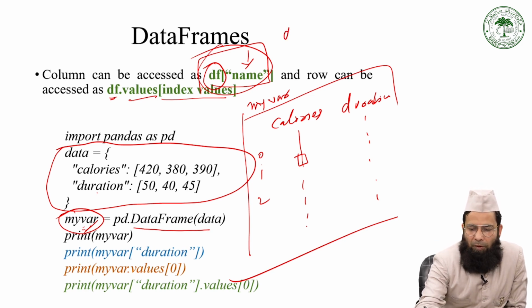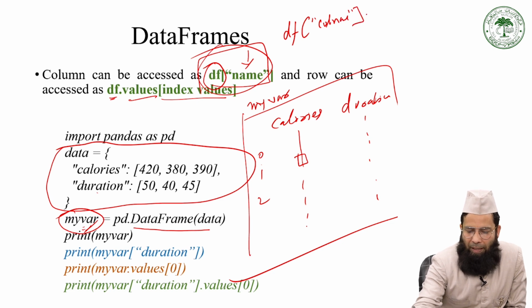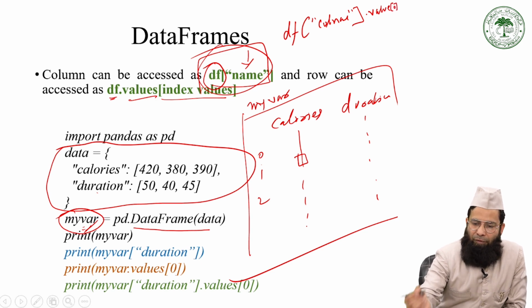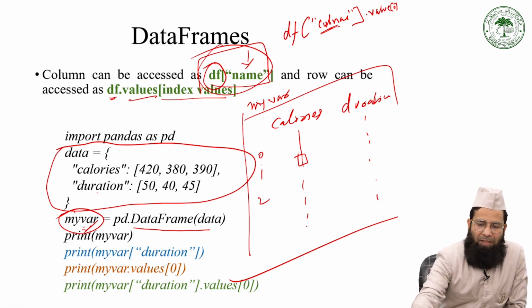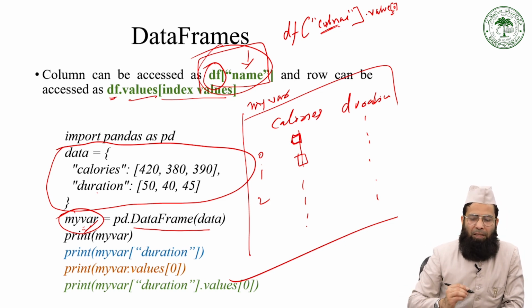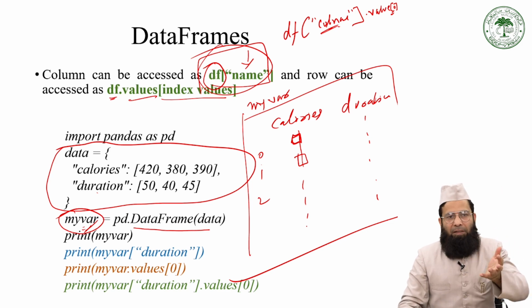We will use df, then the column name, and then values, and the value could be 0, 1, let's say. What will it access? It will fetch the cell value depending on the column name. Let's say the column name is calories. It will fetch the very first value, since I'm mentioning 0 as the index. In this way we can access the data frame.